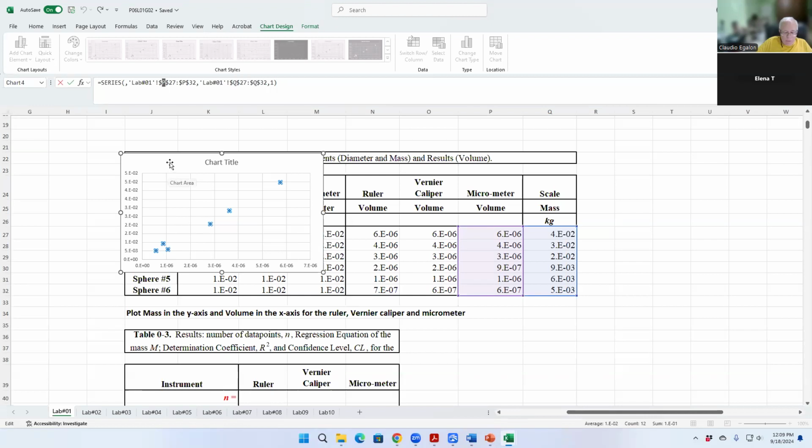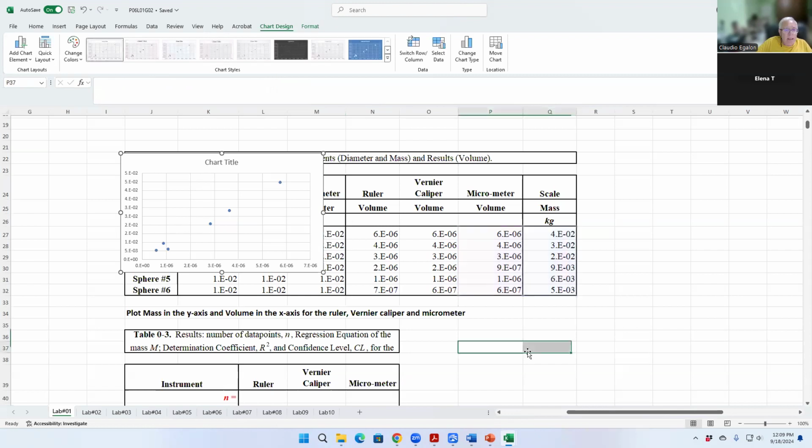Yes. So what you want to do is plot the other two: column Q and column O, and then another one, column Q and column N. It's a little bit awkward, but it's the only way I can show you.